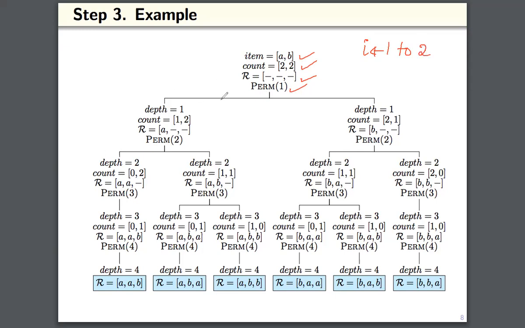So the branch factor is at most 2. That's why you see the branch factor is at most 2. So what do you do here? When I is equal to 1, you try to add A into the first position. When I is equal to 2, you try to add B in the first position.